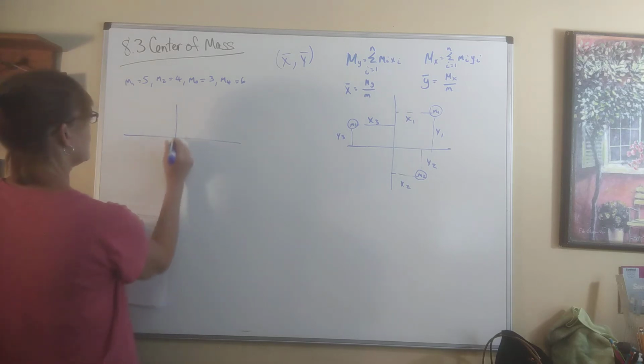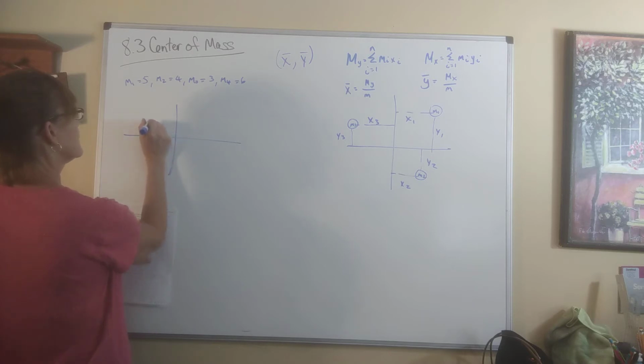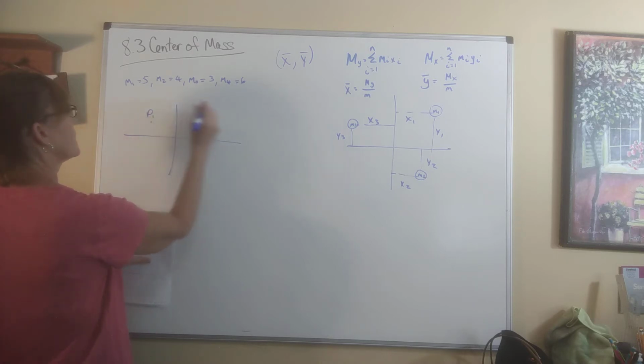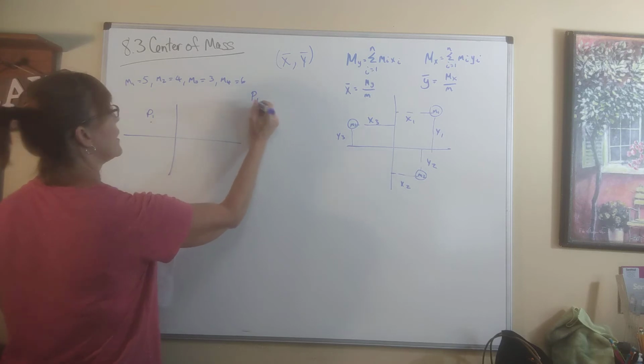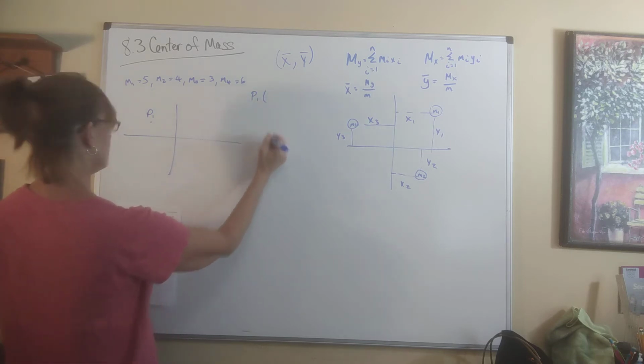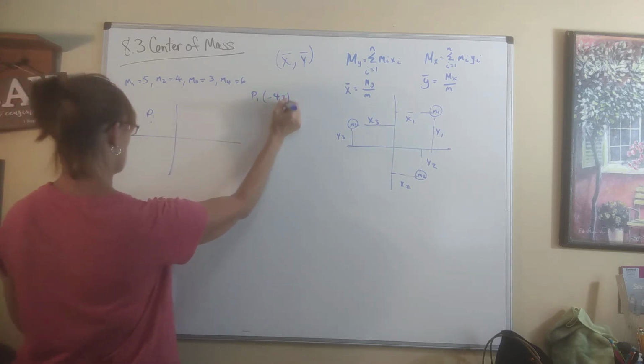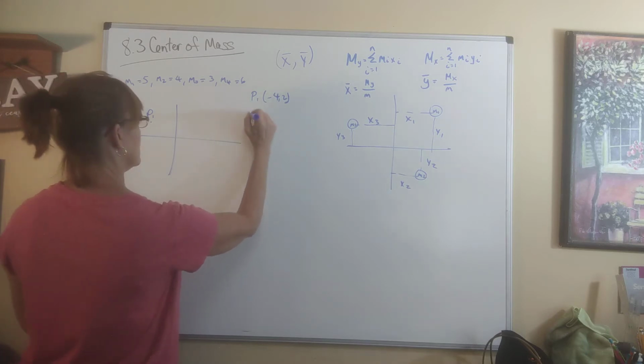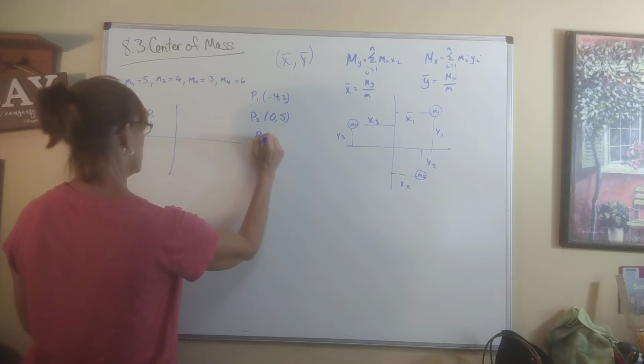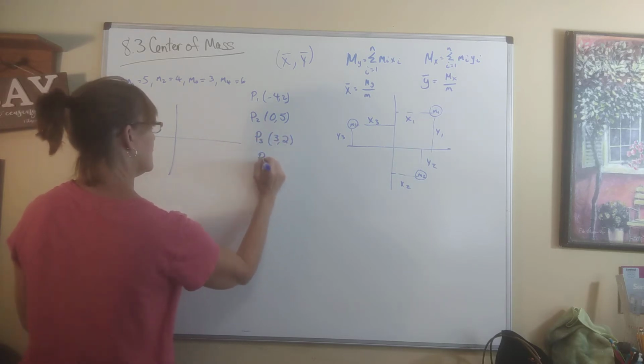P1 is -4, 2. And so I'm just going to ballpark this. This is P1. And so position 1 of mass 1 is -4, 2. Okay. And then P2 is 0, 5. P3 is 3, 2.